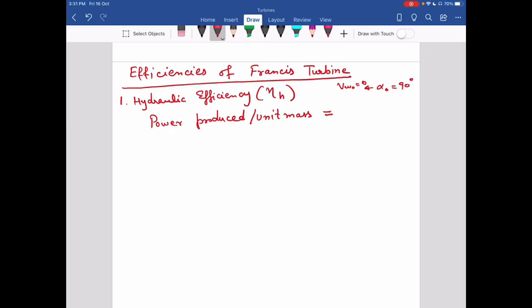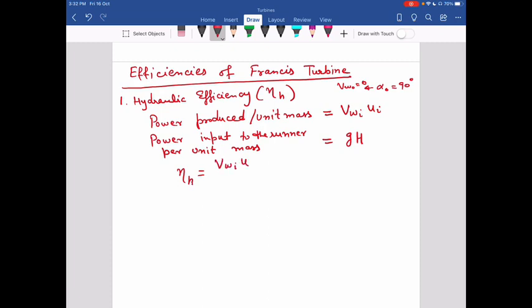Therefore, the power produced per unit mass we can write as VWI UI, and the power input to the runner, again per unit mass, is equal to GH. So we can write hydraulic efficiency as VWI UI divided by GH.